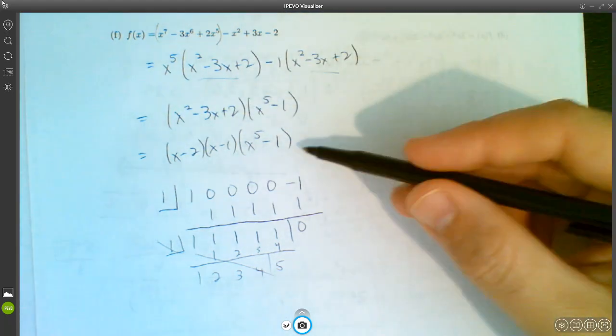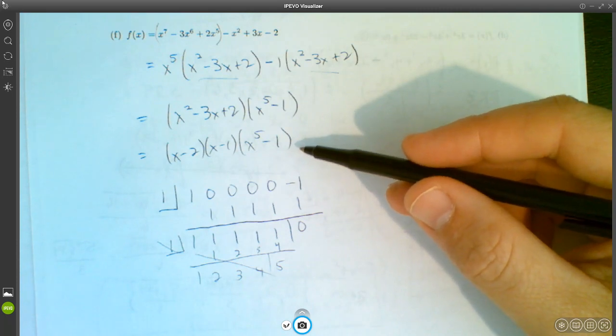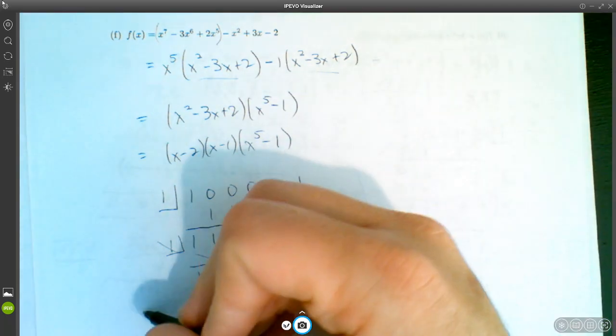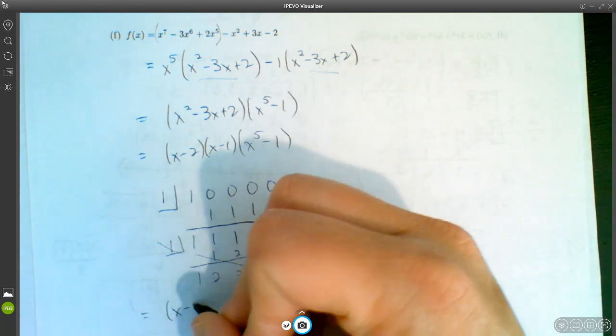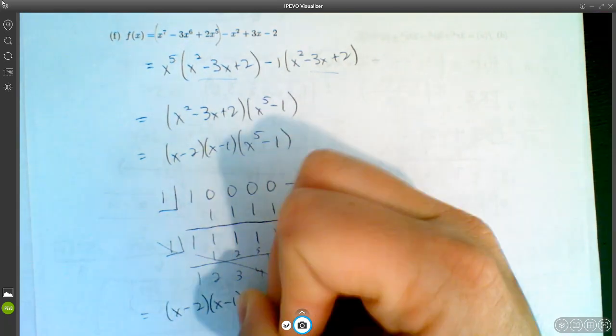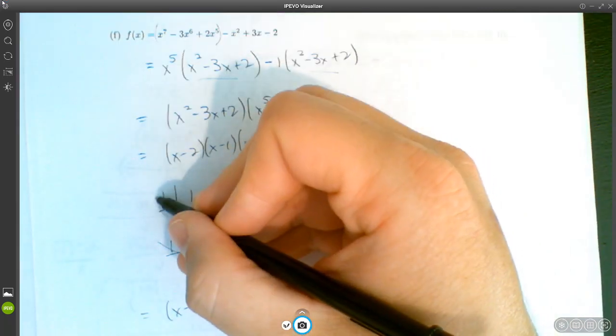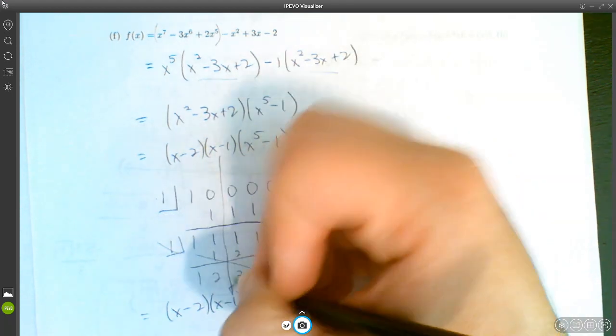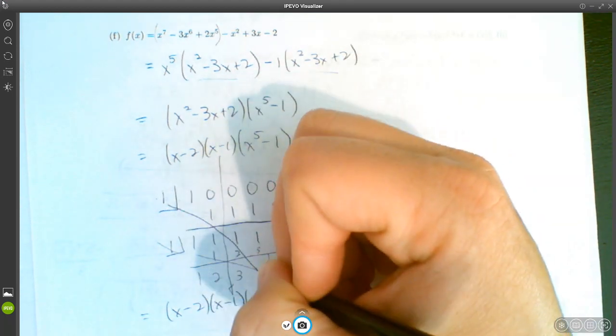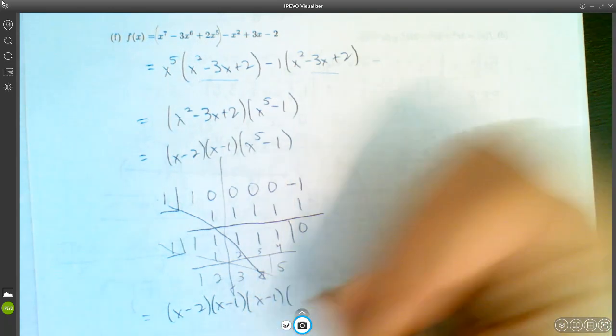And since those are the only 2 possible rational zeros, I'm kind of stuck at this point. Here's how far I can get. I can get to x minus 2 times x minus 1 times another x minus 1. This x minus 1 came from here, but I have another x minus 1 that comes from there. And then what am I left with?